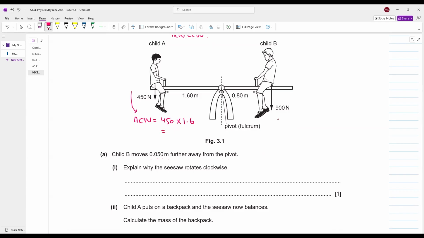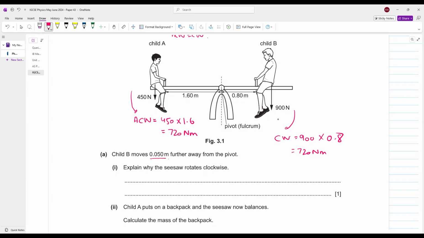Can you calculate the anticlockwise moment? 450 into 1.6. Anticlockwise moment क्या हो गया? 720 newton meter. Clockwise moment क्या हो जाएगा? 900 into 0.8. This comes out to be 720 newton meter. In the current situation clockwise is equal to anticlockwise, the seesaw is balanced.